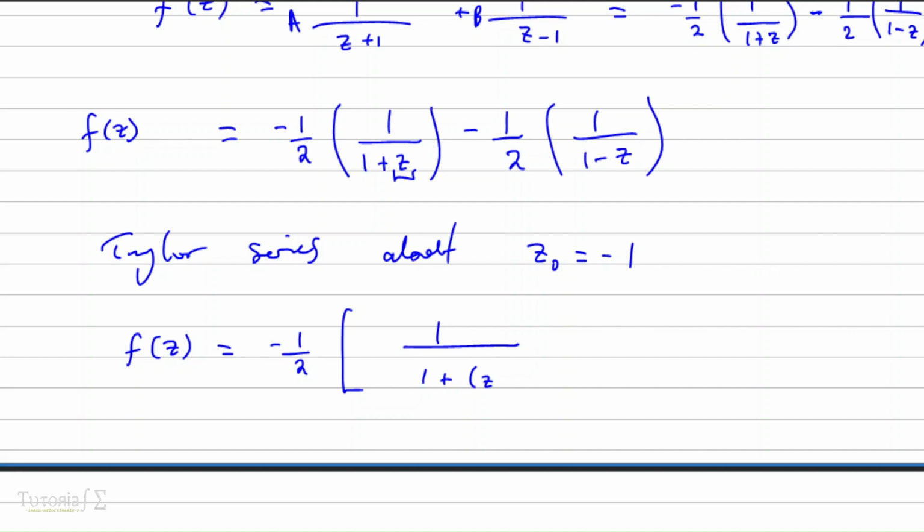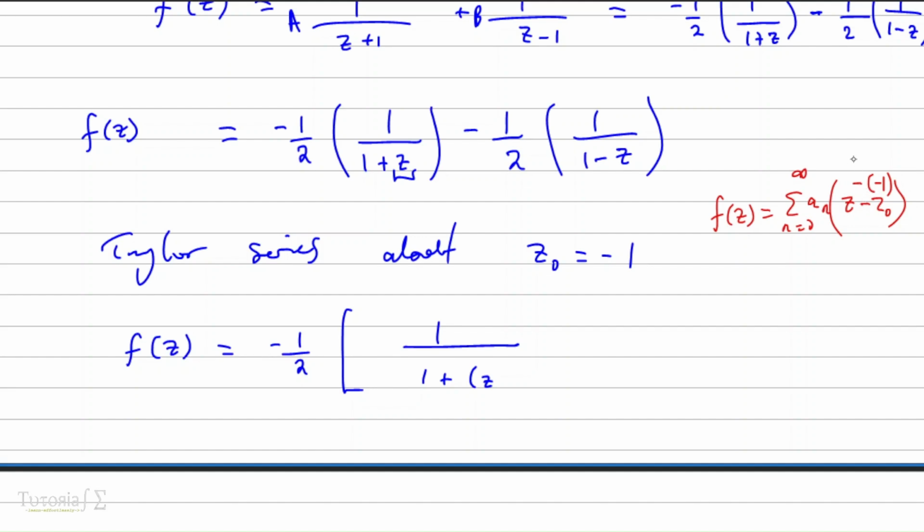I just remembered something. Remember, a Taylor series is of the form f of z equals the summation from 0 to infinity of a_n times z minus z naught to the power n. Now in our case, the z naught is negative 1, meaning that here they should be positive.